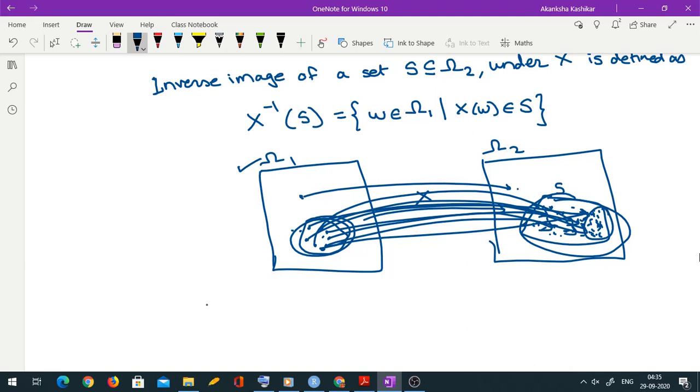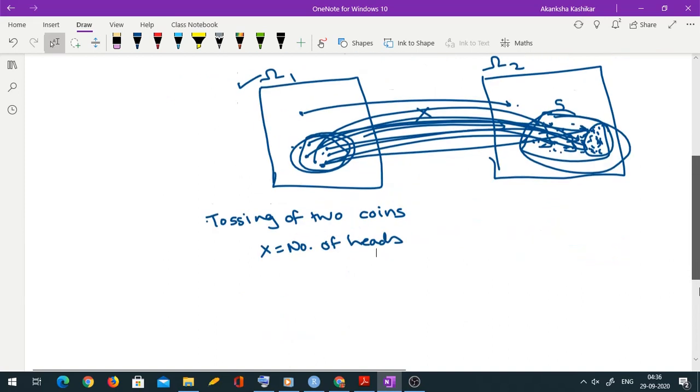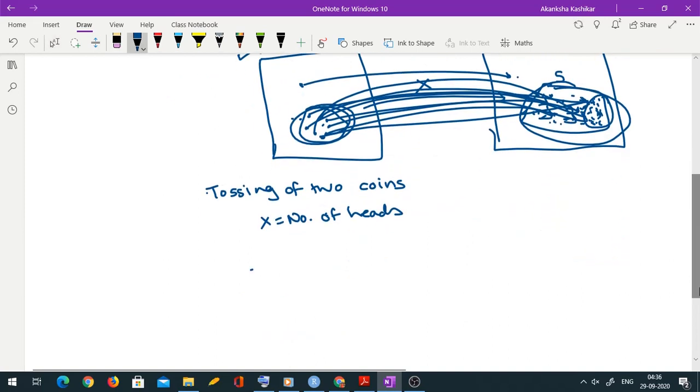Suppose you have an experiment of tossing of 2 coins. That is your experiment. And you are defining X as the number of heads. What is my omega 1?